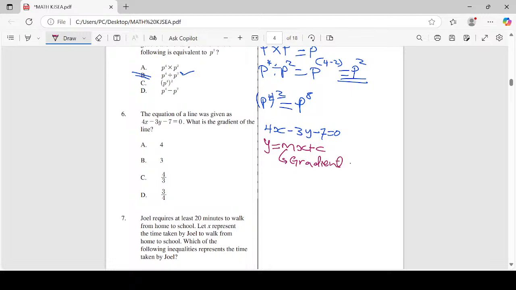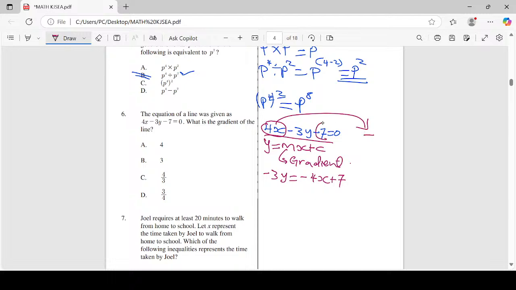So let's rewrite this equation. Rewriting this equation in the form of y equals mx plus c, I'm going to have negative 3y equals, then these other things I'm going to move to the other side. So this is going to be minus 4x plus 7. Because this one is positive, on coming here it will become minus.